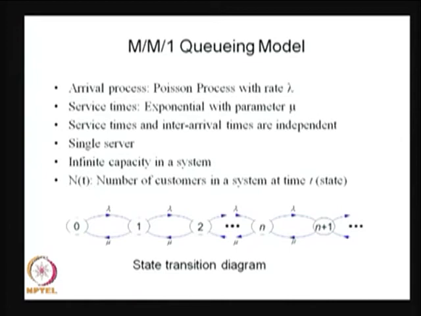It is discrete state, because the possible values of N(t), being the number of customers, are 0, 1, 2 and so on, countably infinite. And you are observing the system over time, therefore it is continuous time. So this stochastic process is a discrete state, continuous time stochastic process satisfying the Markov property based on these assumptions.